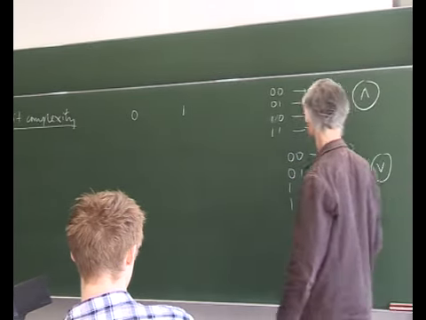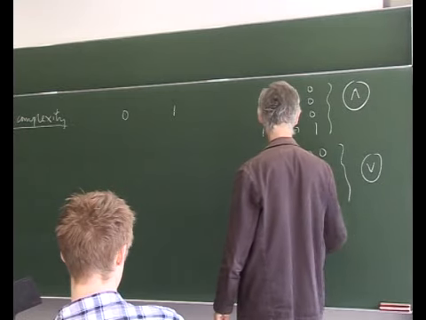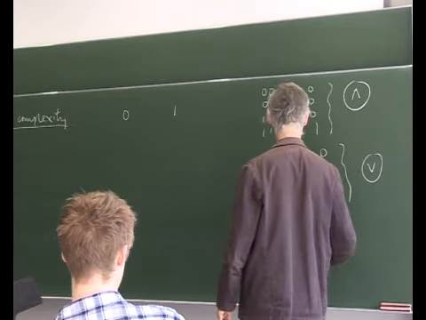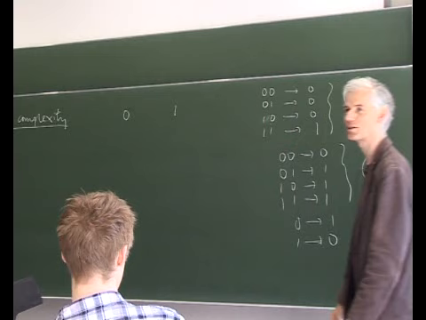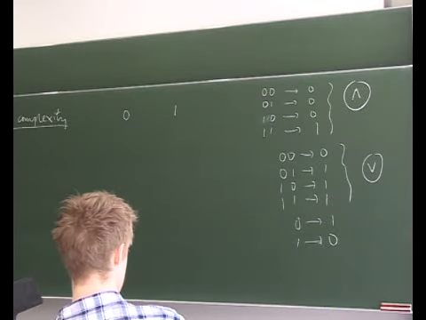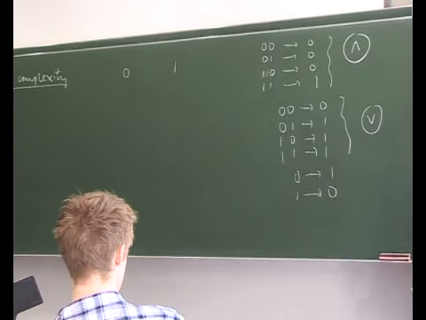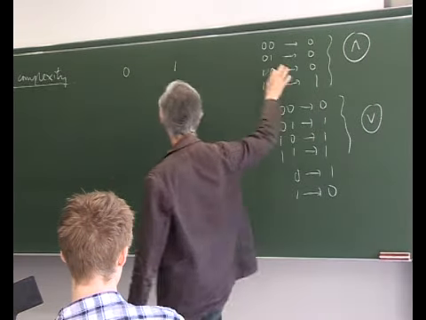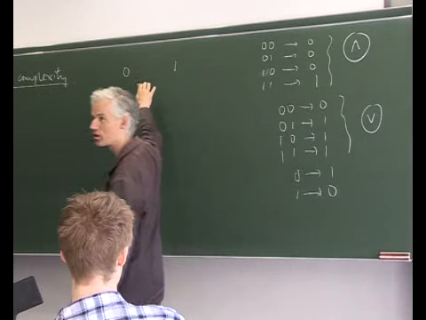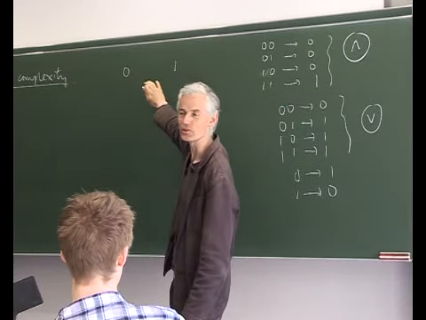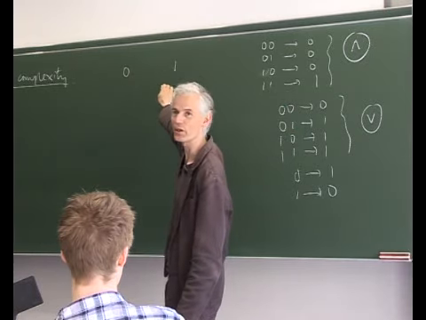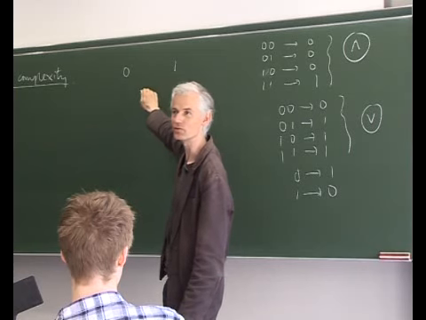And a NOT gate is simpler still because it's just from a 1-bit string to a 1-bit string, so that just changes noughts to ones and ones to noughts. Now let's see if we can use AND gates, OR gates and NOT gates to calculate the parity of this string. So the parity of this string means 1 if it's odd and 0 if it's even.